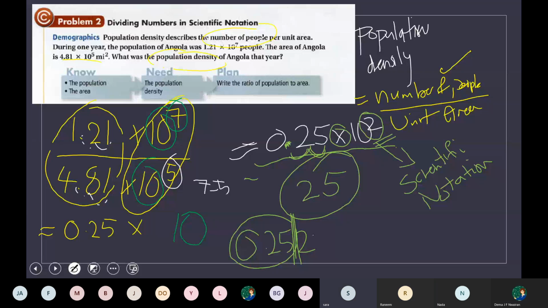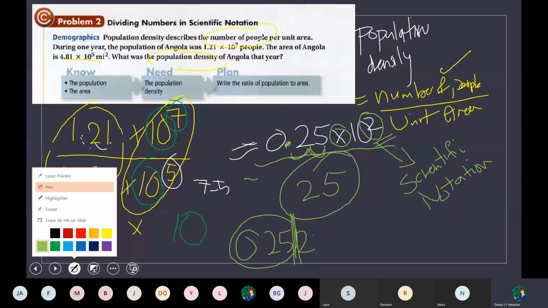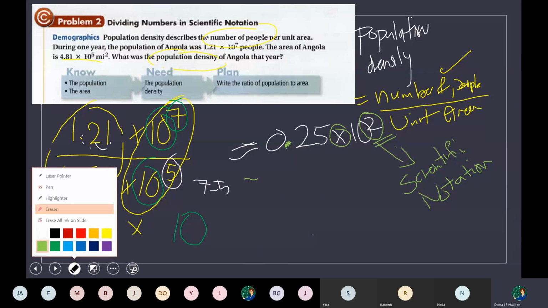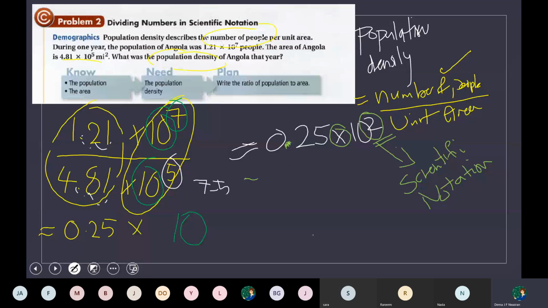How did you get, teacher, 0.25 times 10 power 2 equal 25? Okay. Do you remember in grade 6 that if you have 0.374 as an example, multiplied by 10 to the power 3?